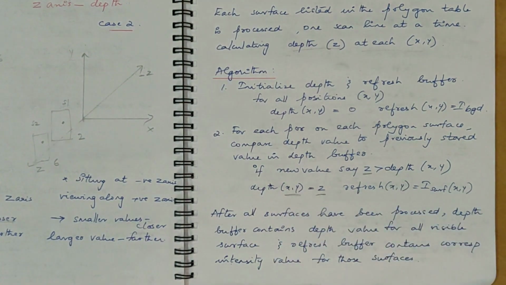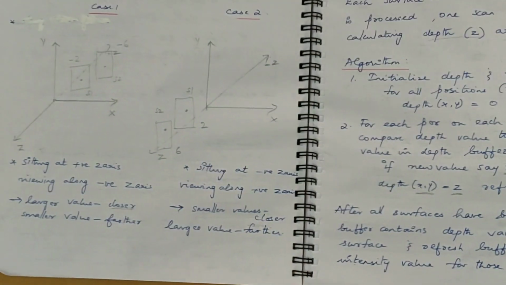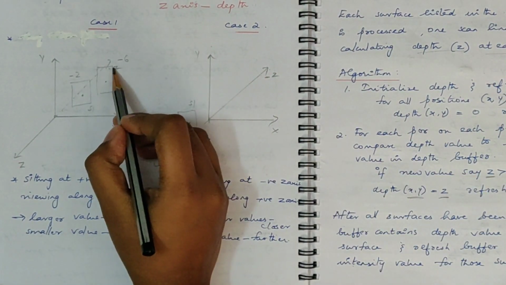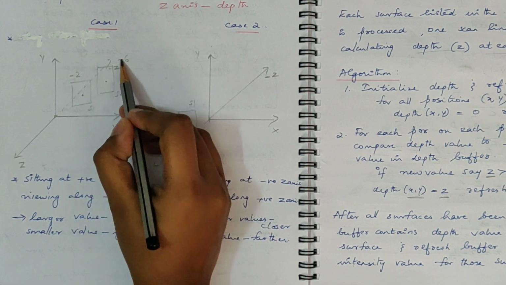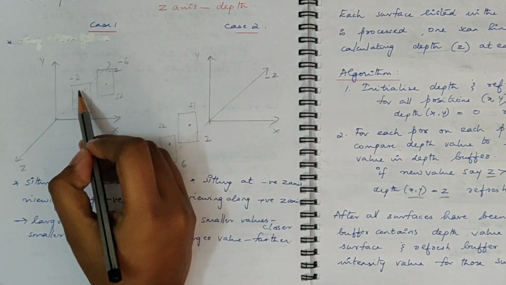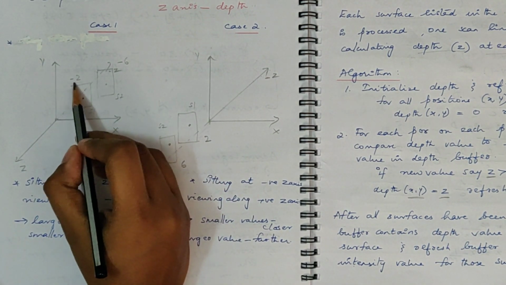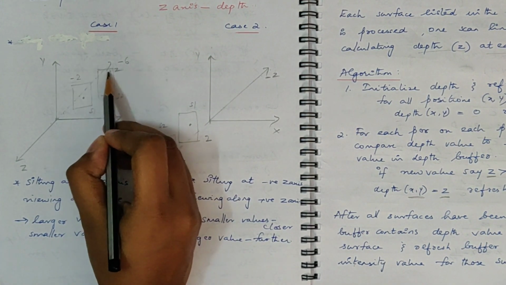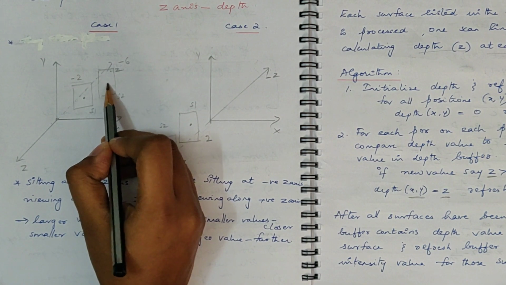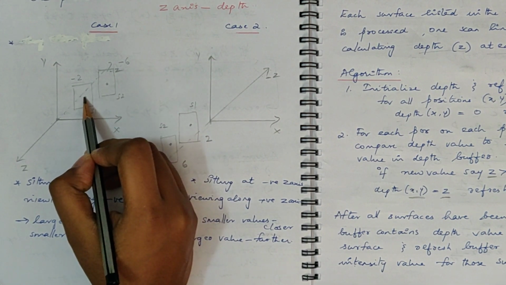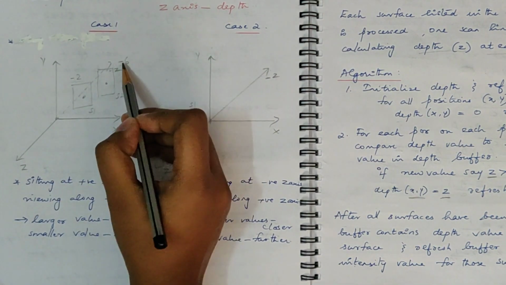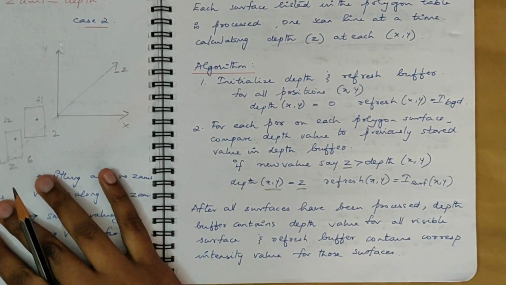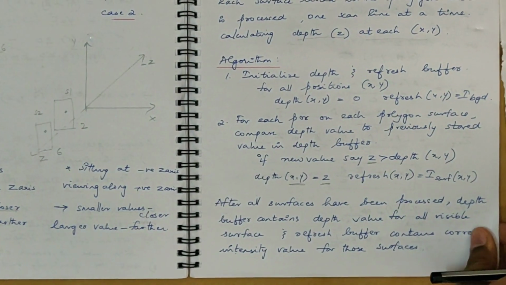Say, for example, if -6 is already stored and you are getting a depth of -2, which is greater than the stored value, then for that pixel position you have to override -6 with -2. That's what you are doing.